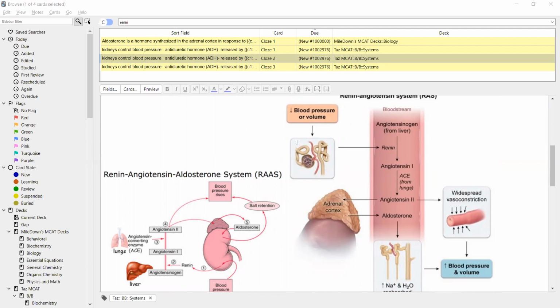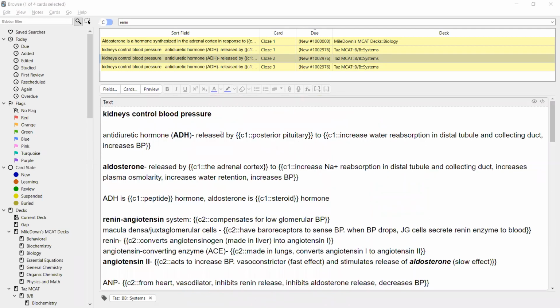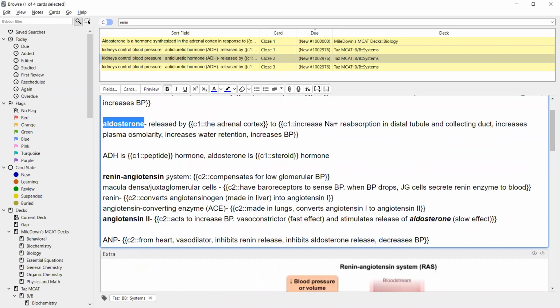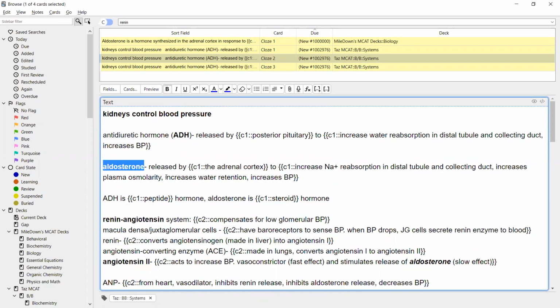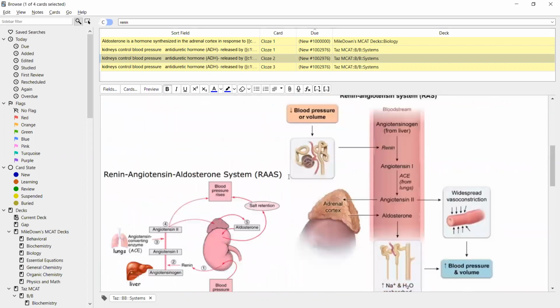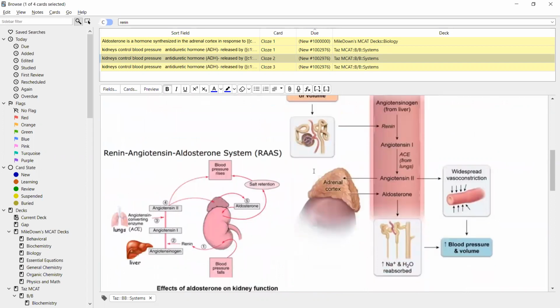Essentially, we talked about antidiuretic hormone, we talked about aldosterone. What are they doing? They can help us control blood pressure. How do they do that? They work with the kidneys.